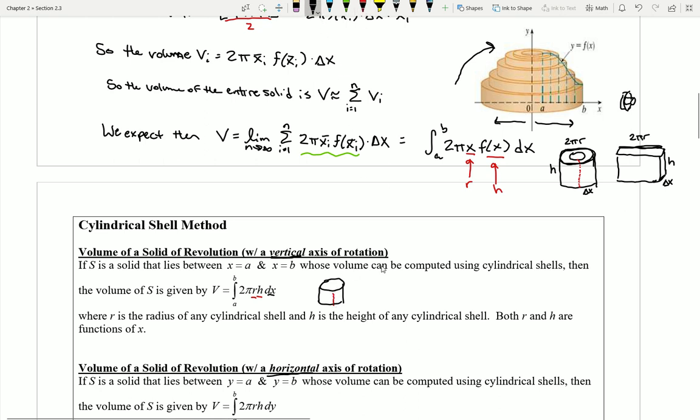You can use a piece of paper every time to imagine how this works. And then you can say, yep, there's a common h, there's a common 2 pi r, and then there's a little bit of thickness to this edge wall, which we call delta x. And so to find that volume, I multiply all of those together.